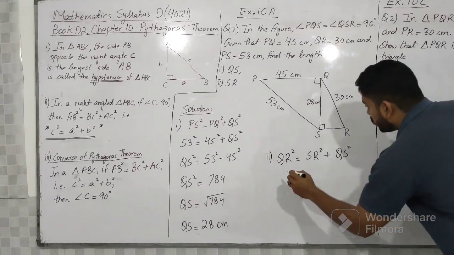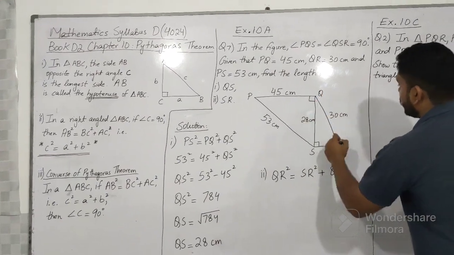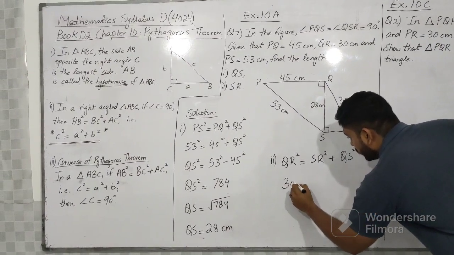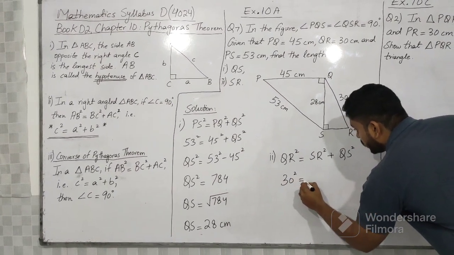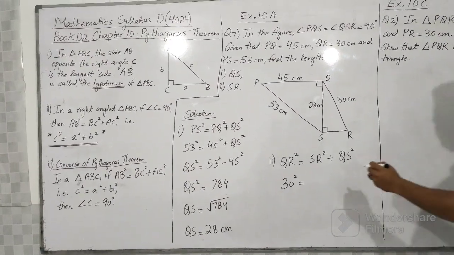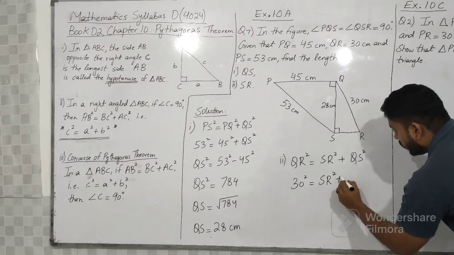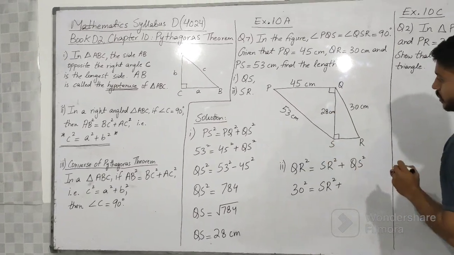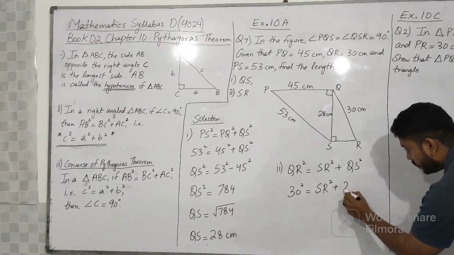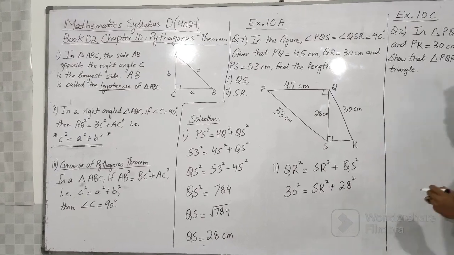QR is given as 30 square, SR we need to find, and QS we found out in part 1, which was 28 square.